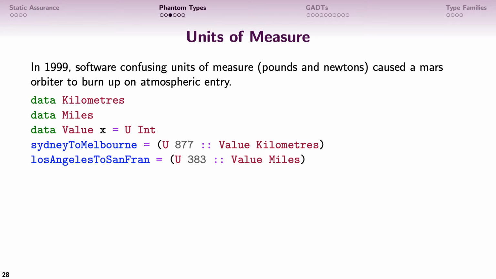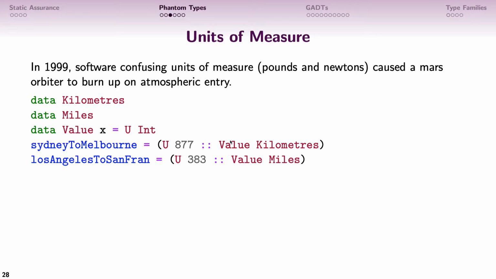And so what we will do is we'll have a value type, which is parameterized once again by this phantom type parameter x. And internally it's just an integer. But these two integers, U877 and U383, are tagged with a type level distinction that does not exist on the value level.